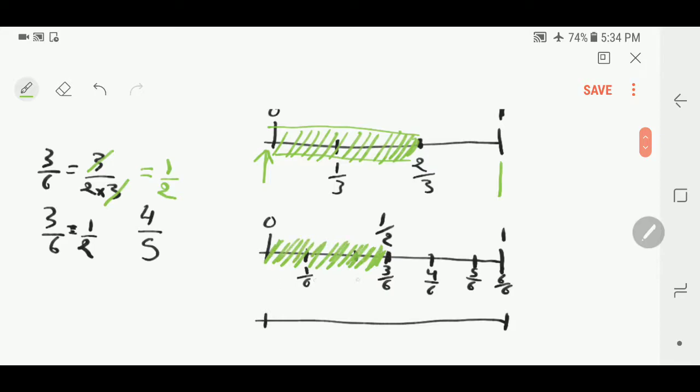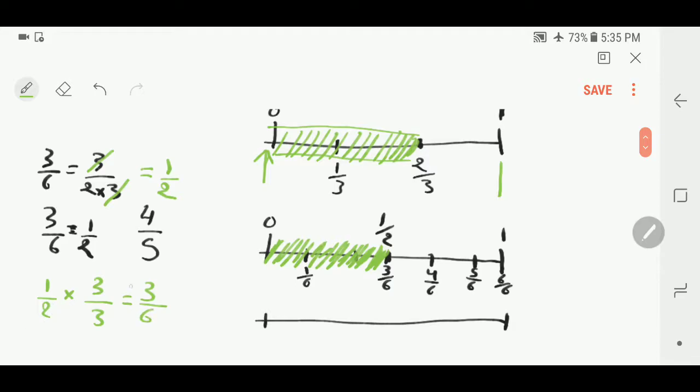If I ask you to give me 3/6 from this piece, you're gonna give me the same thing. 1/2, if you multiply both the numerator and the denominator by 3, what are you gonna get? You're gonna get 3 on the top and 6 on the bottom.